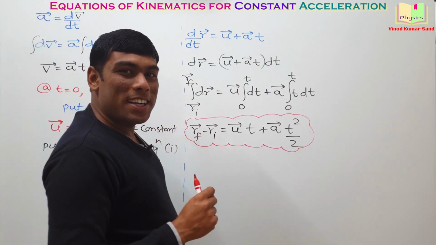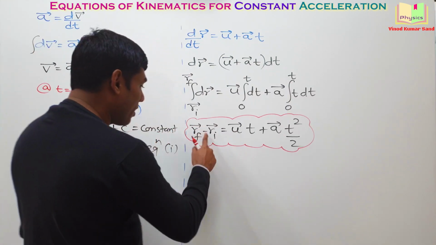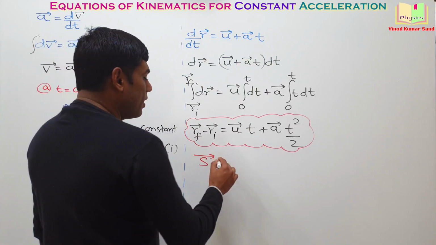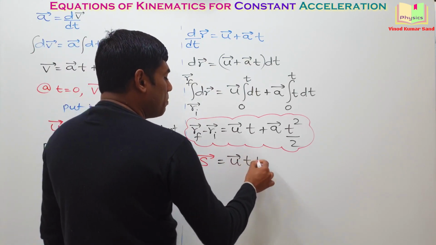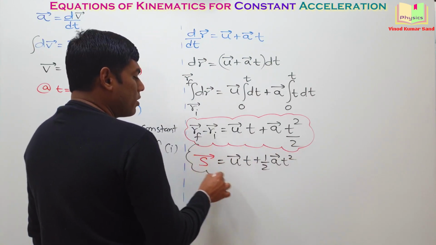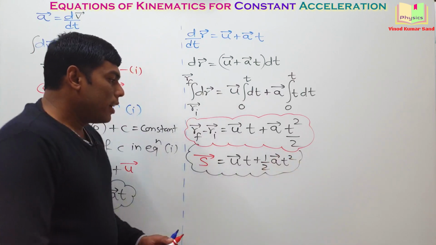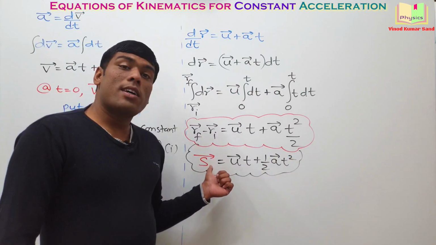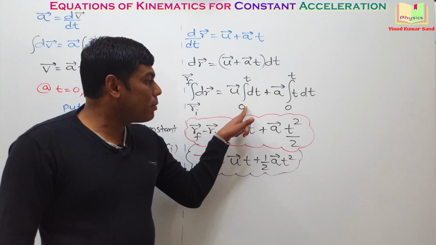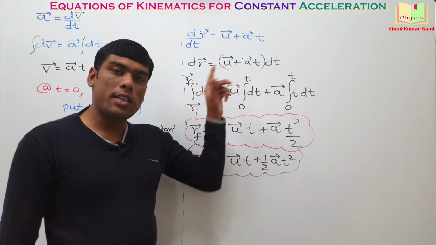Change in position we indicate by the displacement. For displacement, I am using this symbol, s vector is equal to ut plus half at square. This is another familiar equation to you. This equation gives us the displacement of the particle for the time interval 0 to t.